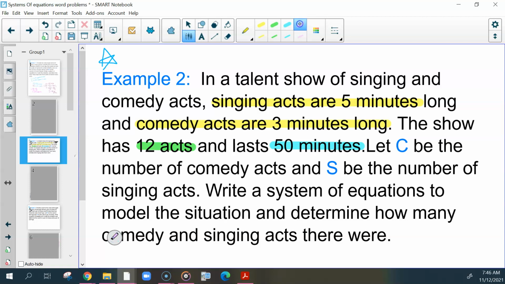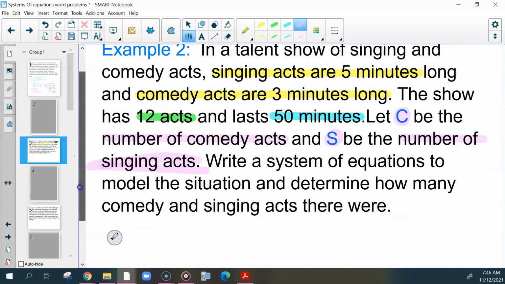So they give us variables, that's important. Number of dancing acts, number of singing acts. And what are we looking for? Okay. So in this example, we're looking for both.